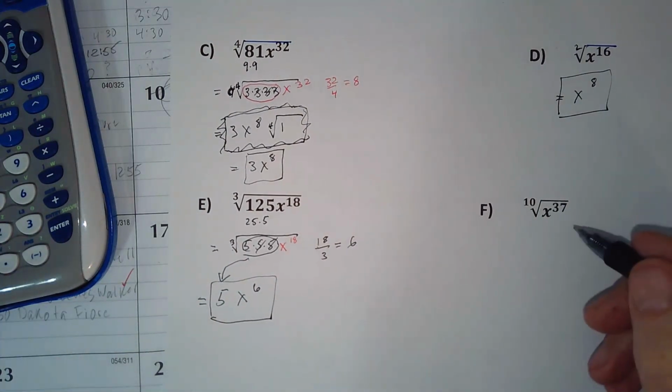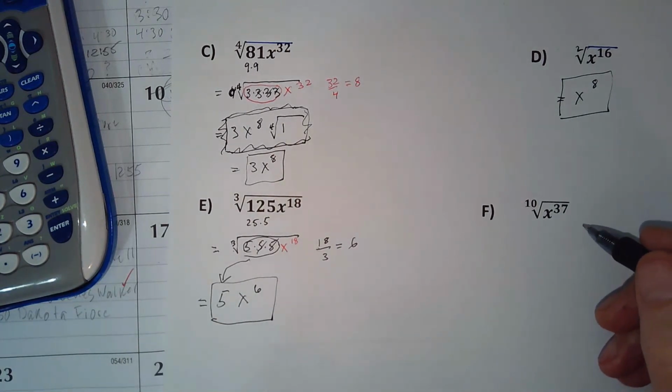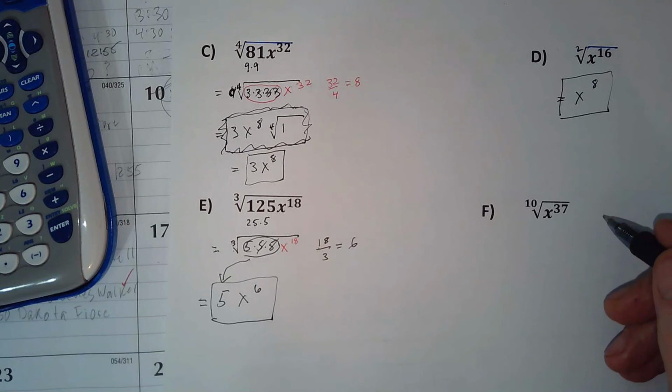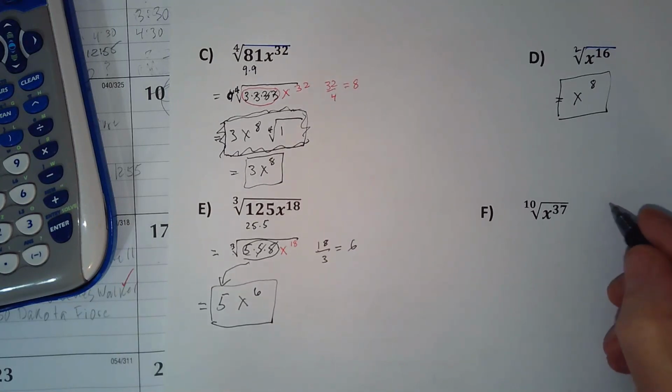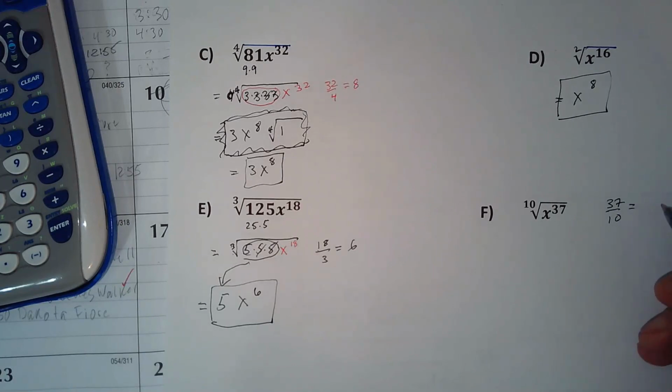All right. 10th root of x to the 37th. Well, we can divide 37 by 10, right? What are we going to get? Well, we know that 3 times 10 is 30, so we've got 3, and then we've got a remainder of 7, right?